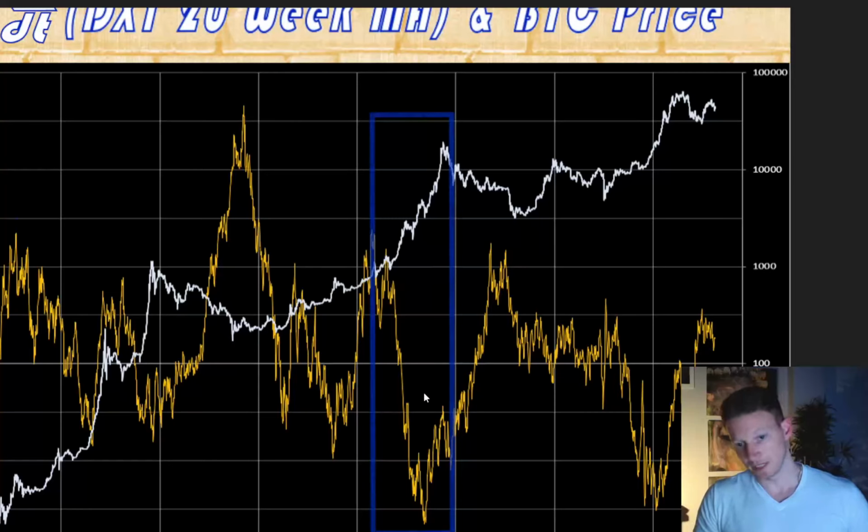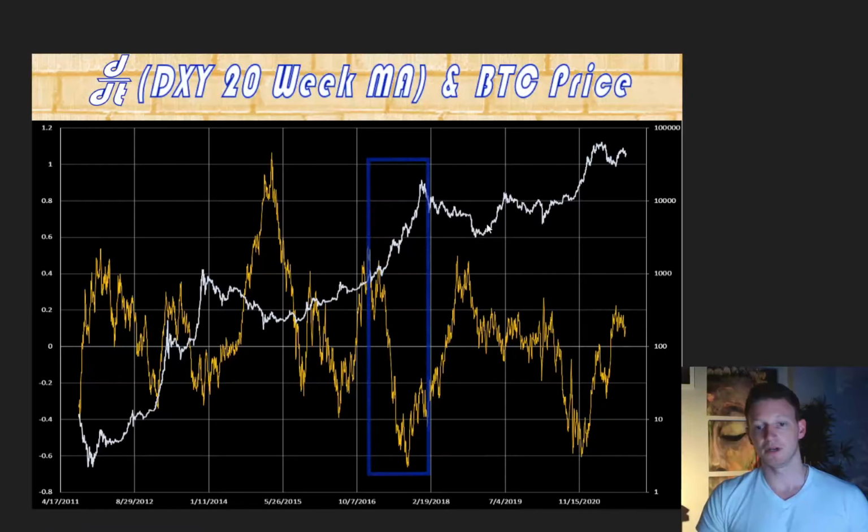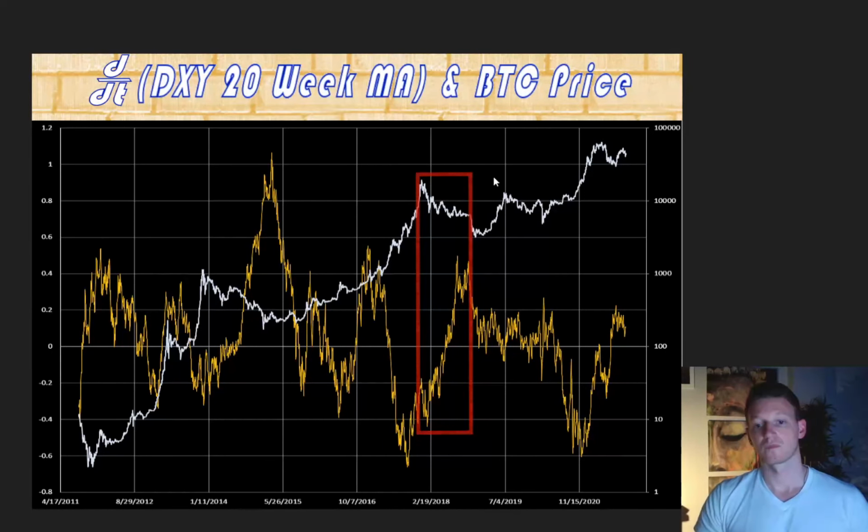And starts to plummet again. And just like we said, and just like we've seen, right when it starts to plummet, Bitcoin rockets, right? Bitcoin thrives off of DXY plummeting. So it's plummeting down. We're below zero. You see right here, we hit below zero. And what happens? We go from 1,000 up to 20,000 in less than a year. Okay, so let's keep going.